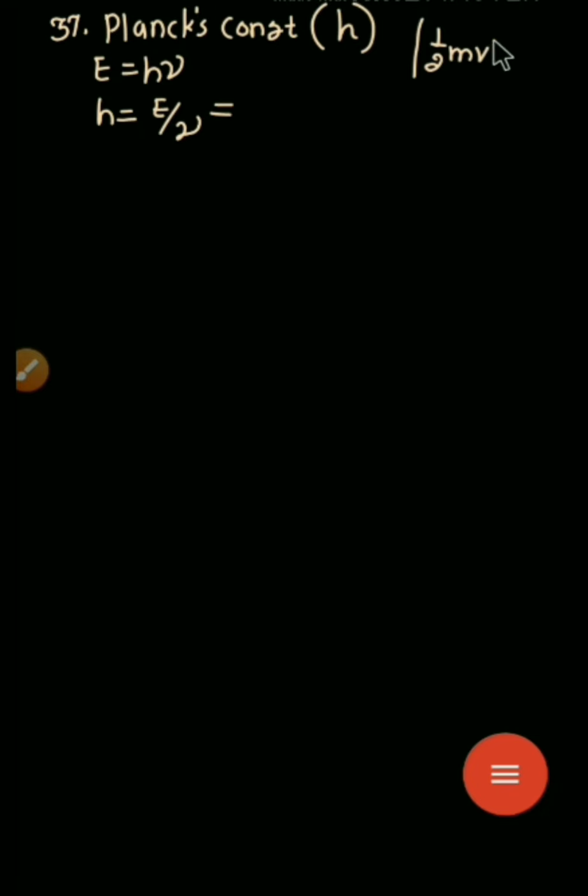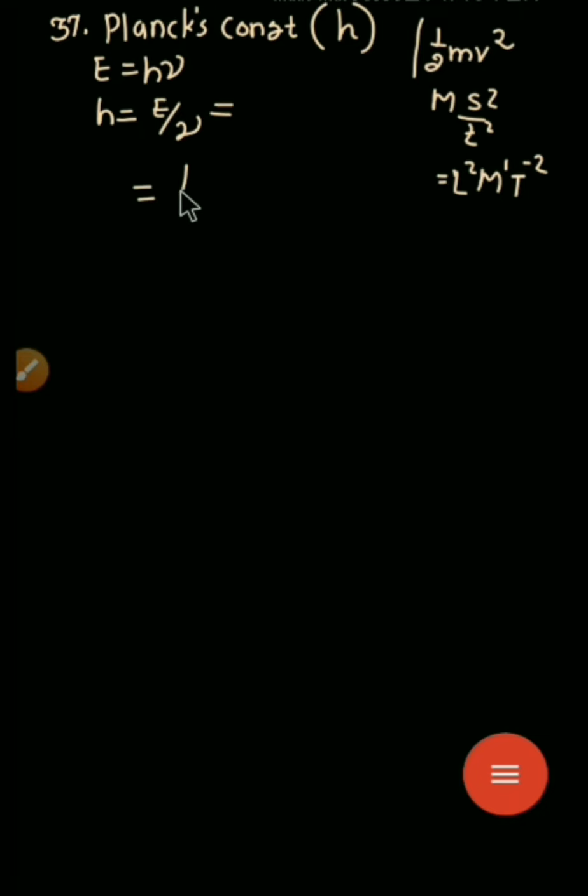Planck's constant is denoted by h. Now we know E is equal to h nu, so from this equation we can write h is equal to E by nu. Now we know the dimension of energy. If we consider half m v square as energy, then we have mass and velocity, which is displacement upon time, squared. So the dimension of energy is L square M1 T minus 2.